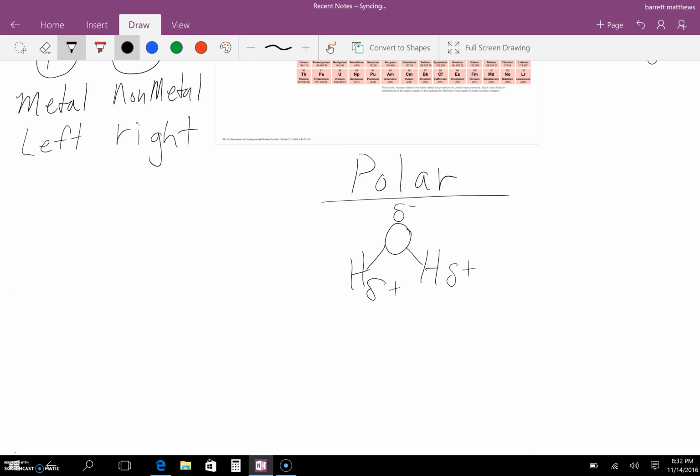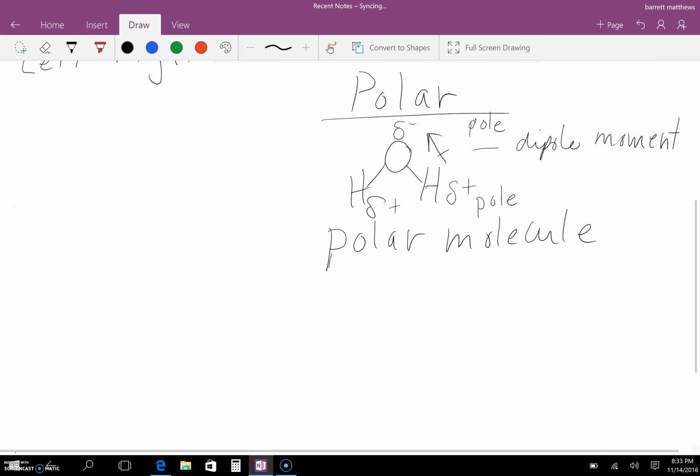And as it draws electrons towards it, we can imagine that there will be a pole here and a pole here, creating what we call a dipole moment. And because of the dipole moment, because there's a positive and a negative, we would say that H2O is a polar molecule.